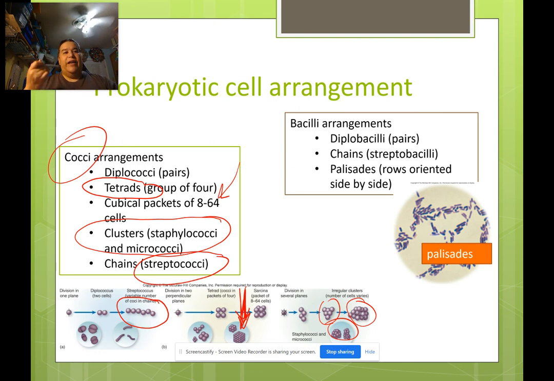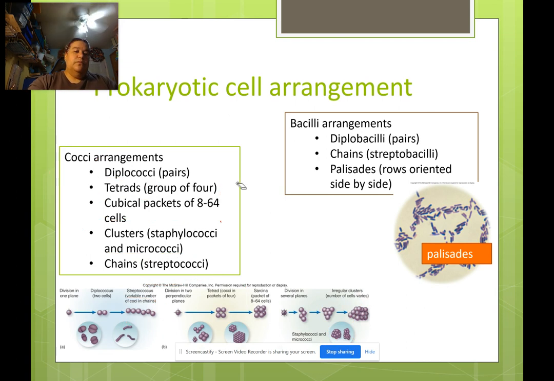The thing that is infecting your throat has this linear kind of beaded necklace appearance. So when you hear about somebody having a staph infection, that means that the bacteria that are infecting them have this clustered arrangement to them. Okay? So that's for cocci.